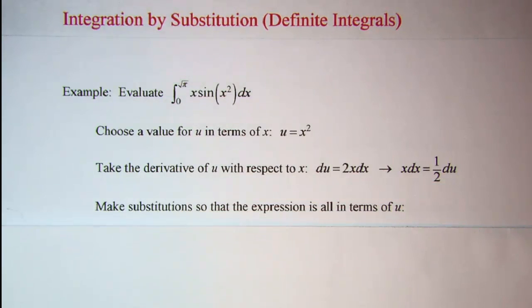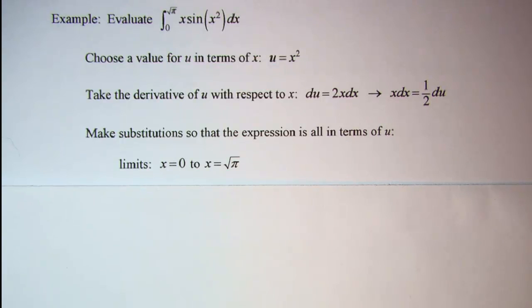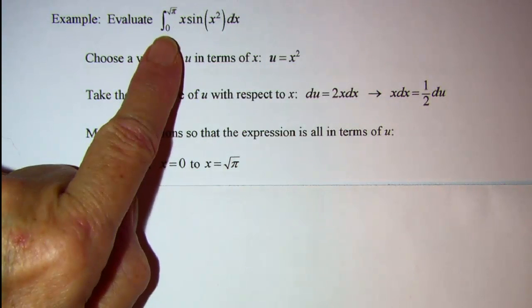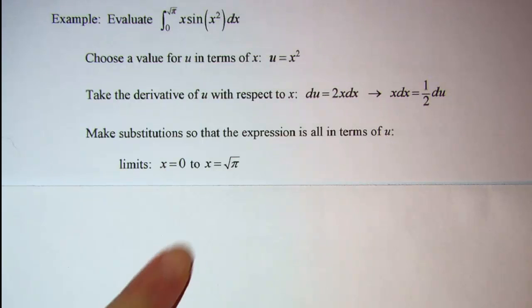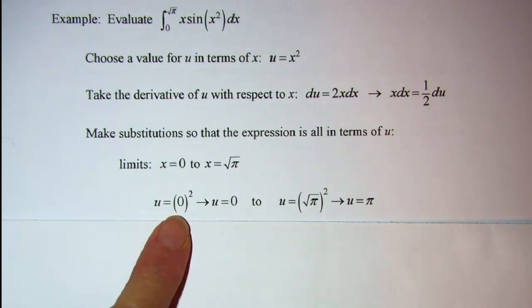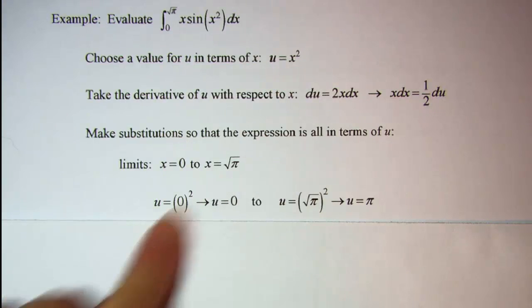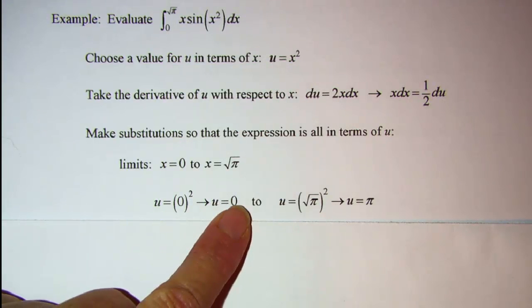Then we need to make substitutions so that the expression is all in terms of u. Our limits of integration are from 0 to square root of pi, so we need that in terms of u. If we put 0 into our equation, u equals x squared, we have u equals 0.